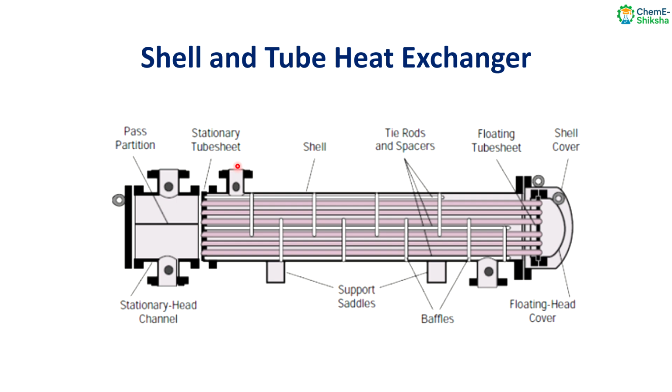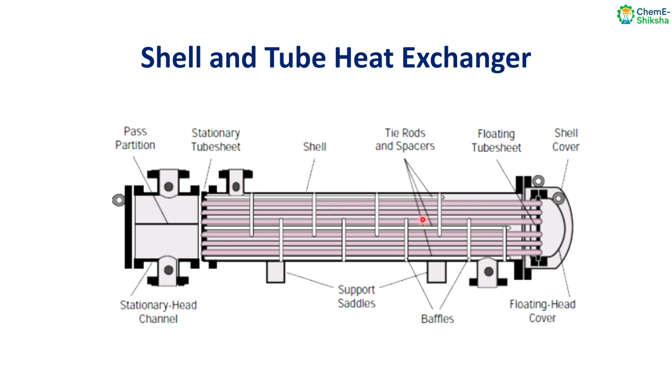This is the shell side part. So it might be inlet or outlet. There is another shell side inlet or outlet. So these are called the baffles. Baffles are there to increase the turbulence, which will increase the heat transfer. The baffles also support the tube sheet.